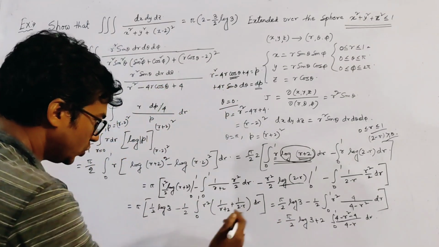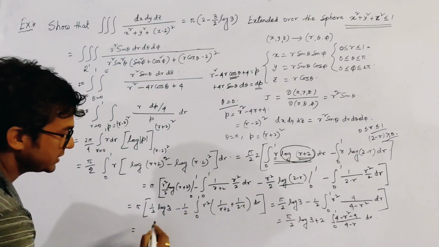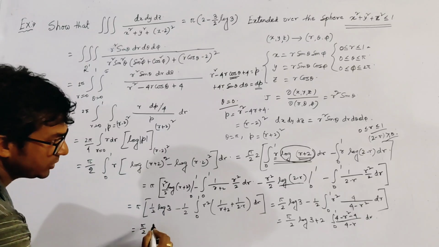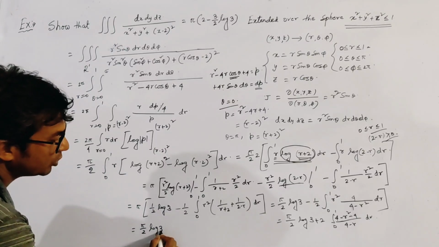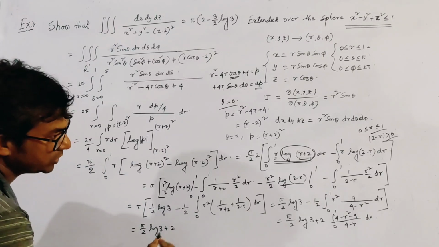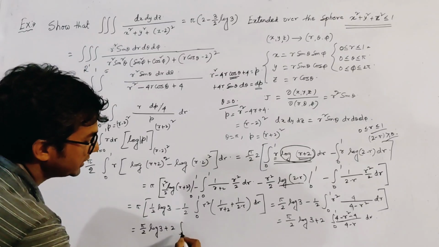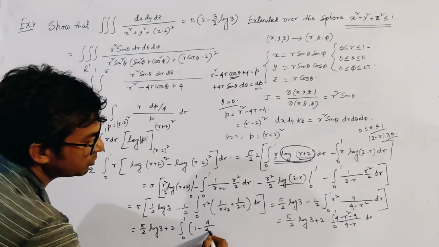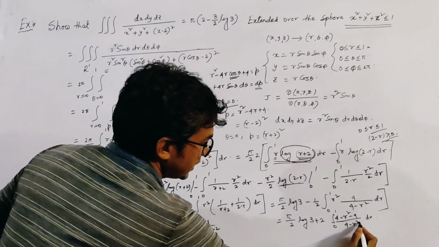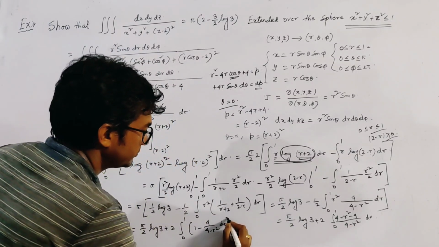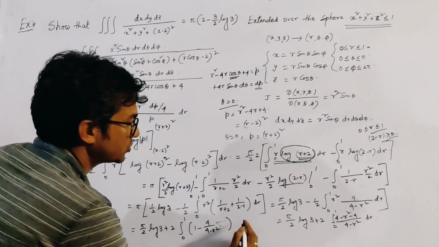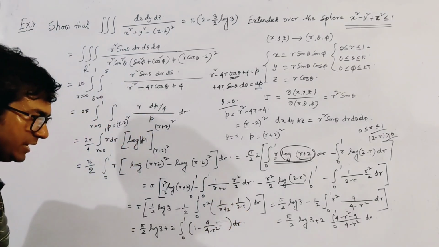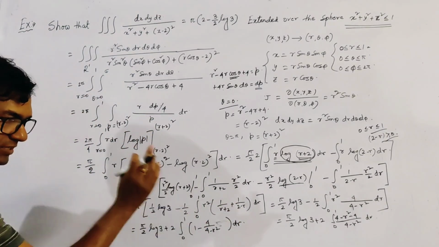Okay, so this integration can be written as pi by 2 into log 3 plus 2 into integration 0 to 1 [1 − 4 by (4 − r square)] dr.